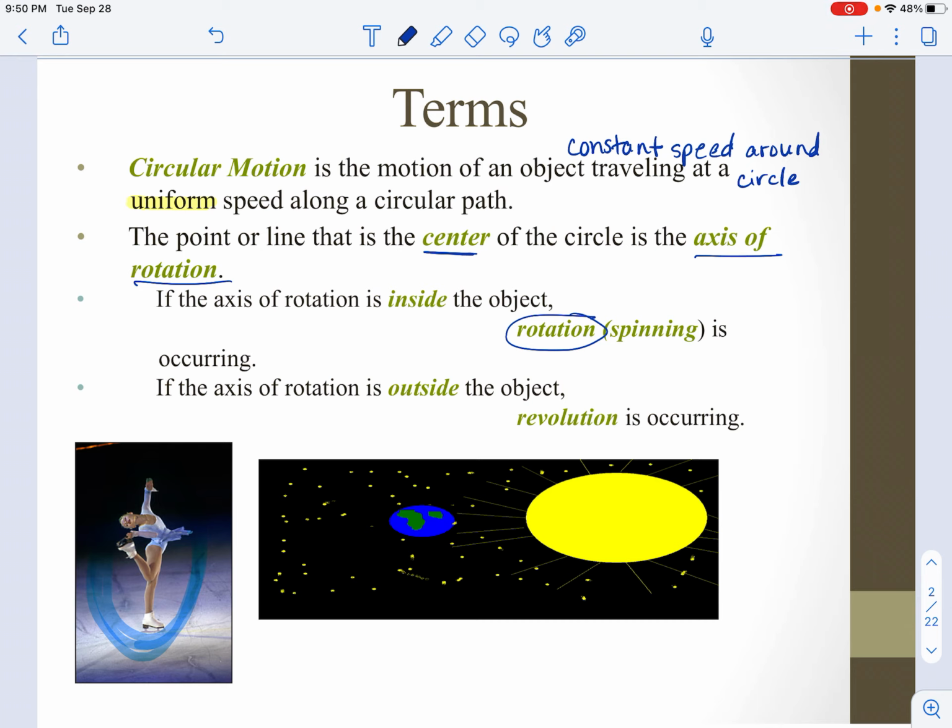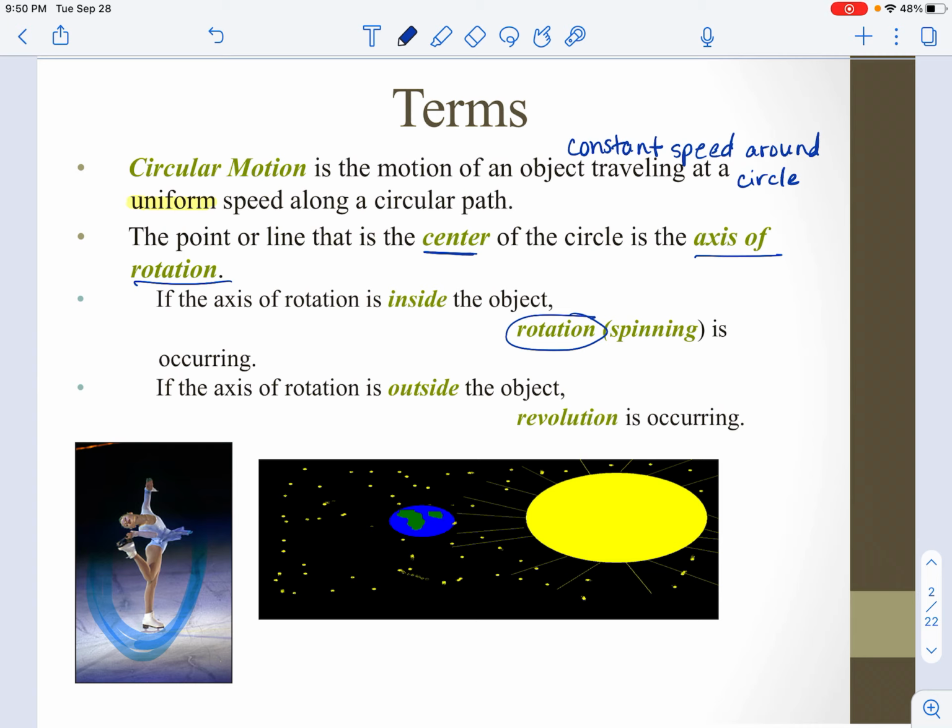So when we say rotation, this means that the axis of rotation, aka the center of the circle, is located inside of the object. So if we were to stand up and spin, the circle that we make would have the center located right between our feet.